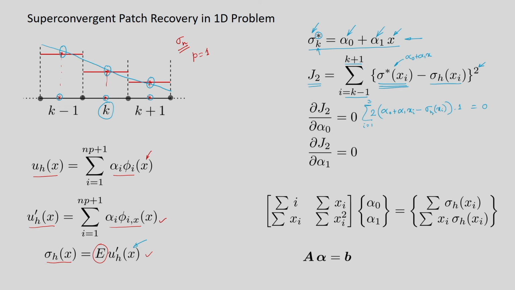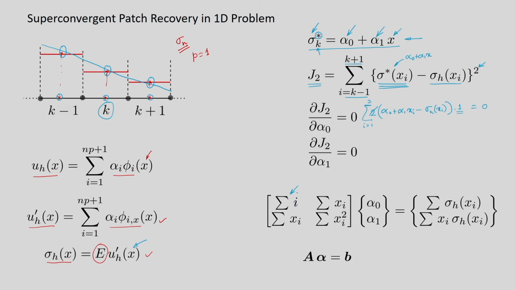So, what are we getting here? 2 we can eliminate. What is the coefficient of alpha naught? The coefficient of alpha naught is 3, because we have only coefficient as 1. So, this is what we are getting: sum over I going from 1 to 3, and here sum of 1 is basically 3.